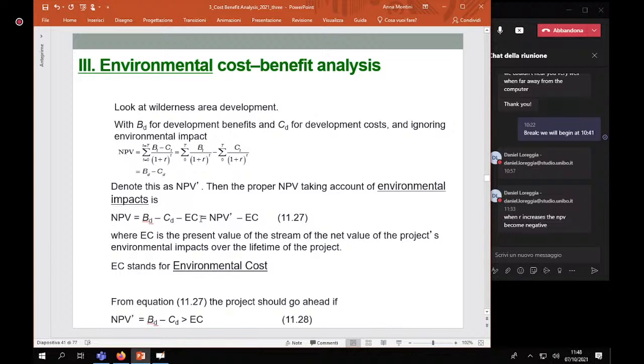And we are used to list all the consequences in economic terms. And in economic terms, the environment has value. The society has a value. Okay? Okay, answer? Yes. Other questions?